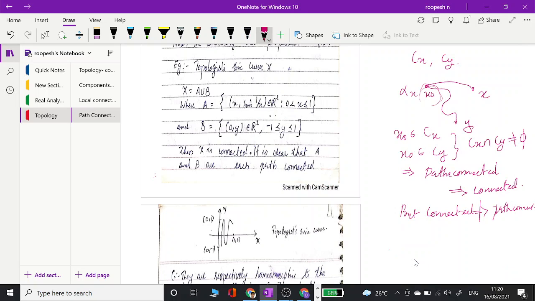Okay, nice. So in the previous class we have seen that locally connectedness does not imply connectedness. In the same way, connectedness does not imply locally connectedness.